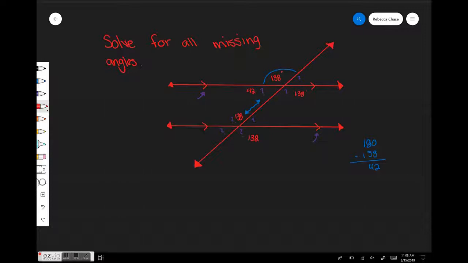And then I could do the same thing to find this angle right here. Or I can say, well, since I have this one right here, alternate interior would tell me that this one right here has to be equal to it. Okay, so now the only ones we have to find are this one and this one.